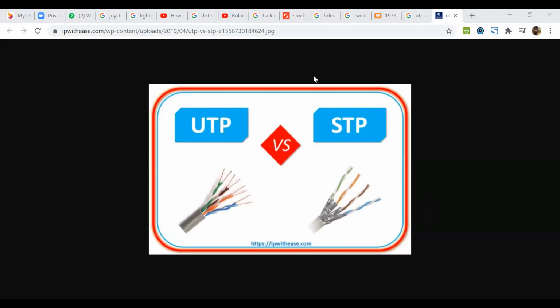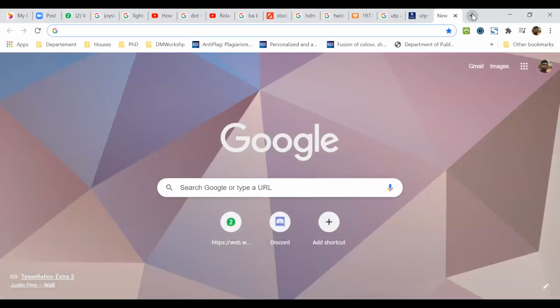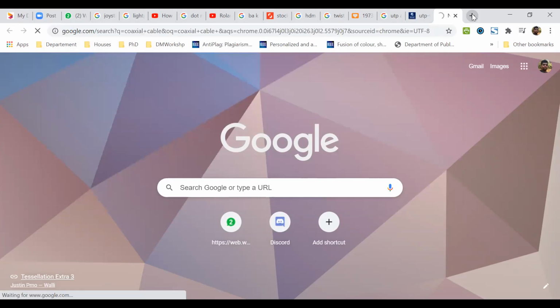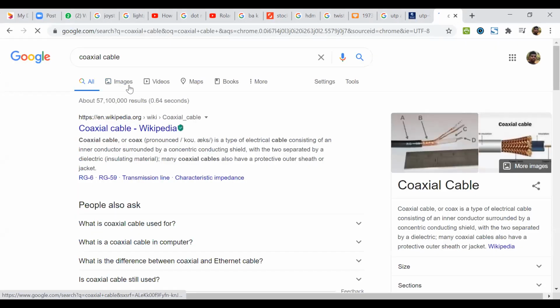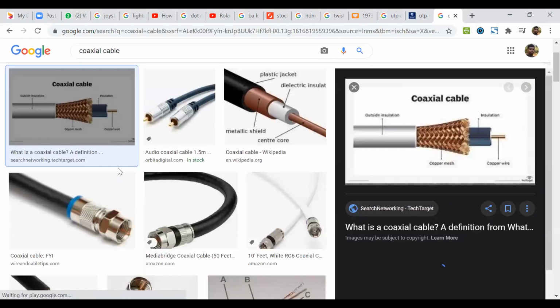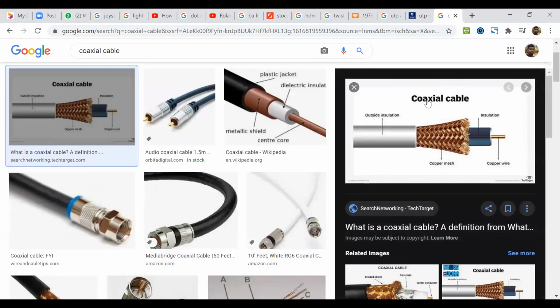That's the first one. And then we also have what we call coaxial cable. It's the traditional antenna cable. I don't know whether you are using coaxial cables right now. If you take a traditional antenna cable, it looks like this: you have a middle wire, then a copper mesh, and within that you have insulation.